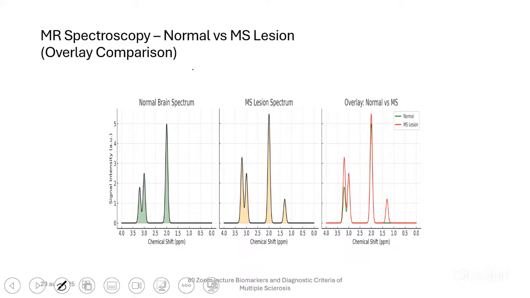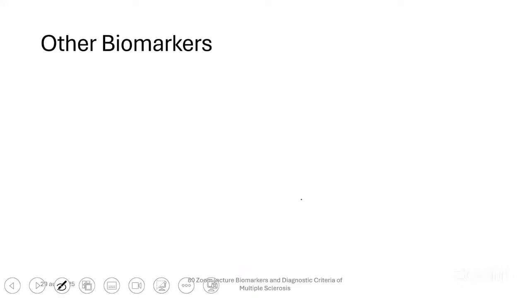This is the NAA peak, and this is the lipid lactate peak. This is not present in normal brain, but it appears in MS lesions. You can see the NAA peak amplitude is reduced, and the creatine and choline are also increased. So there is a scope. This is not given very much importance, but MRS also can be studied.